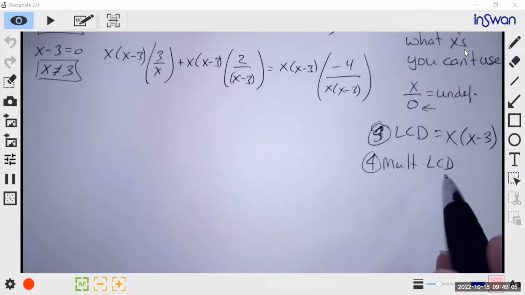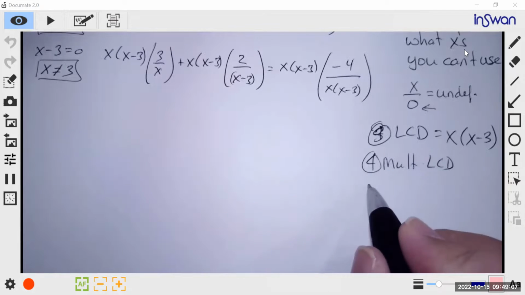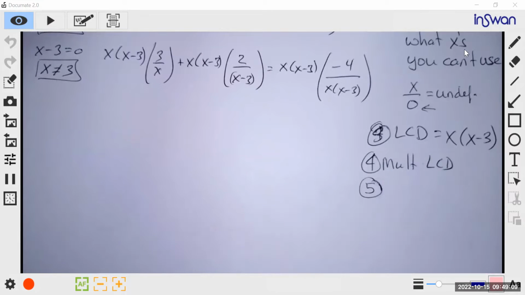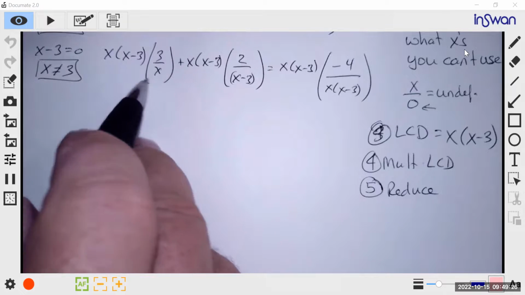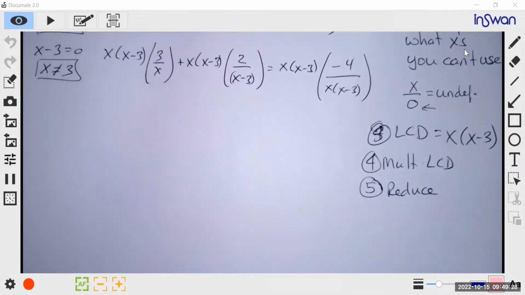All right, so once I multiply the LCD, what do I do next? Reduce. Whenever you multiply a fraction or anything to a fraction, before you multiply them, always cancel first, reduce first.